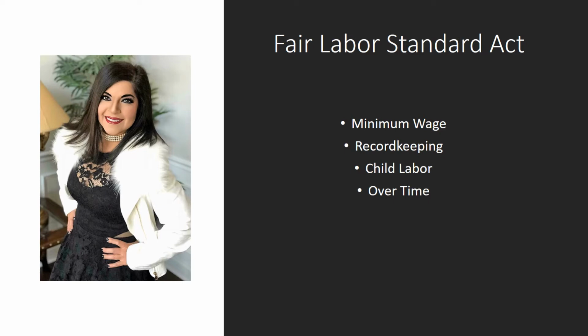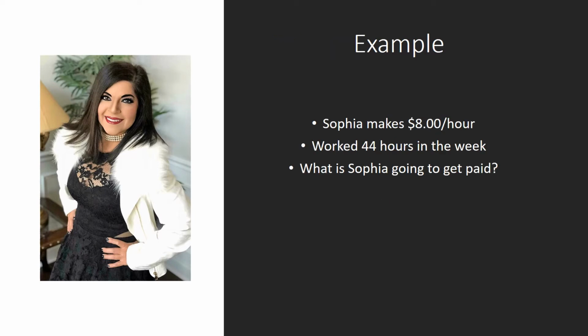Anyways, the minimum wage, $7.25 per hour. It also establishes record keeping, child labor laws, and also overtime, which we should know that we have to pay for any hours worked in excess of 40 hours in a work week.